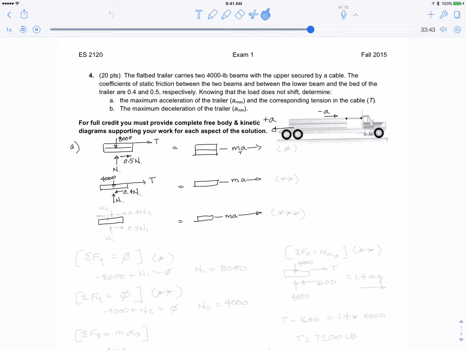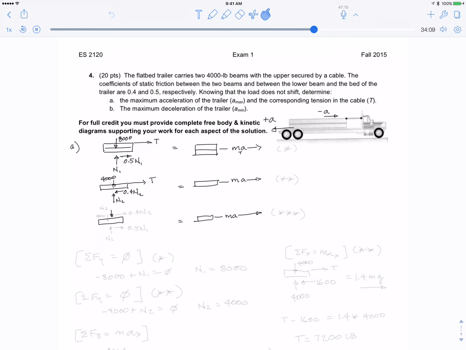And I was starting to get confused with the different normals. So I call that normal 1, and I call that normal 2. And so if you look at it, you have the flip of that.